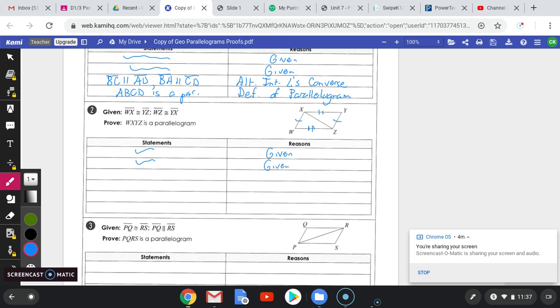Now, what we could do is utilize, because remember, everything can be broken down to triangles, properties of triangles or congruent triangles to talk about those angles. So I can say XZ is congruent to XZ because of the reflexive property.